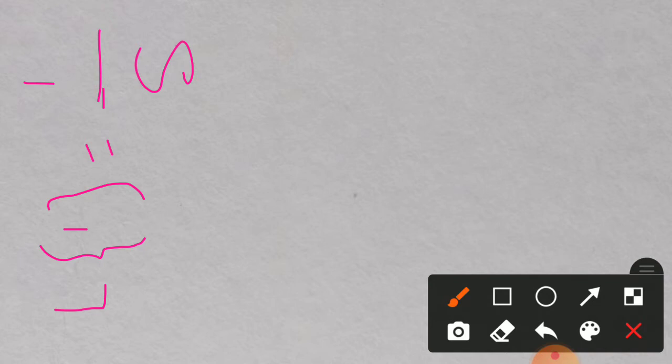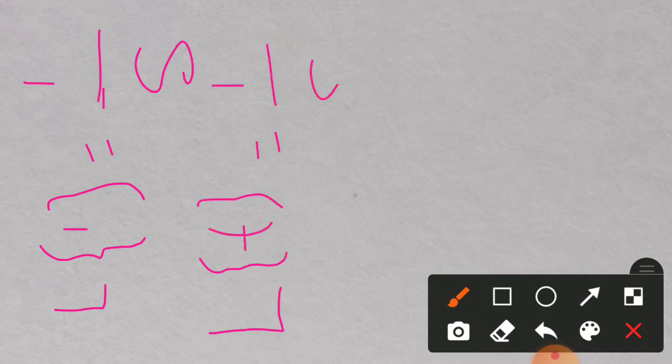This we have already proved. In the similar way, we calculated the Laplace transform of t, and then we proved that the Laplace transform of t is equal to 1 upon s square. This we have proved.